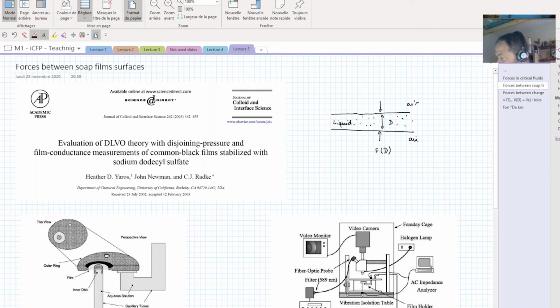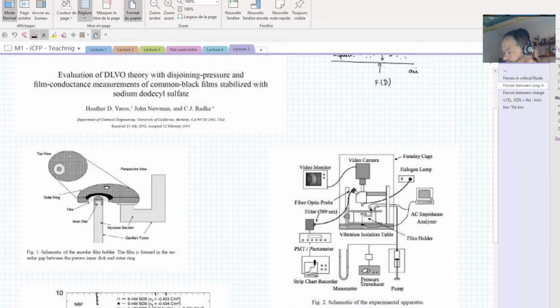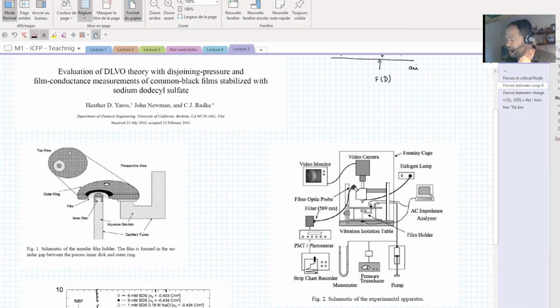So kind of a controlled black film experiment. So there is this nice paper by Radke in 2003.